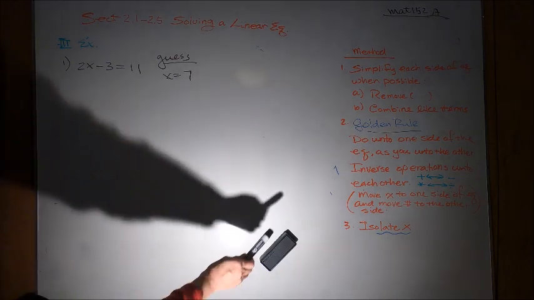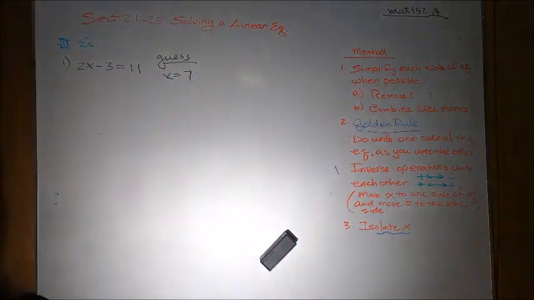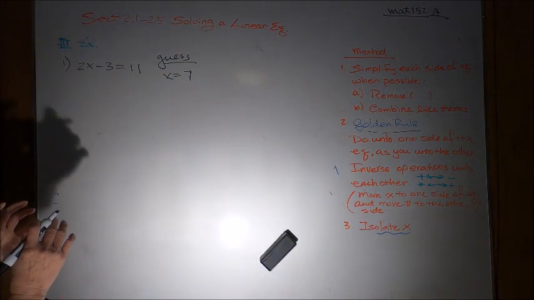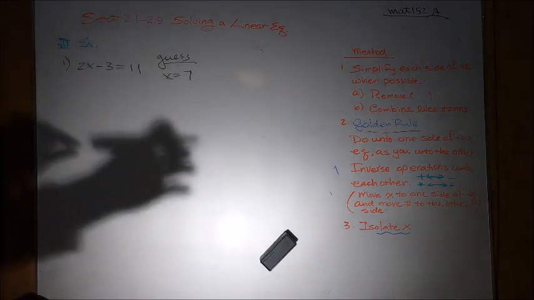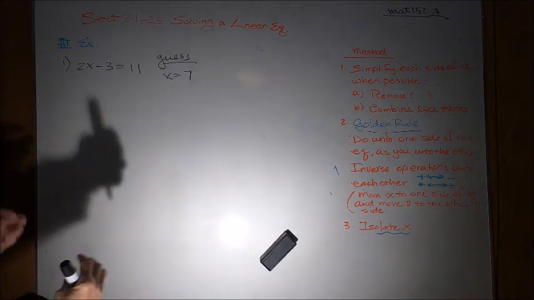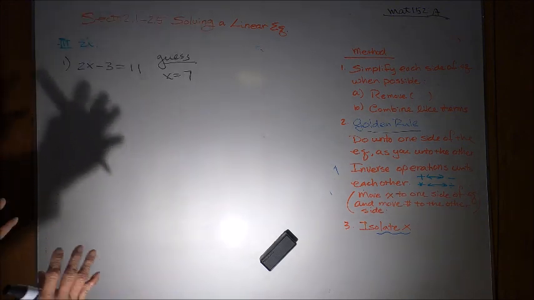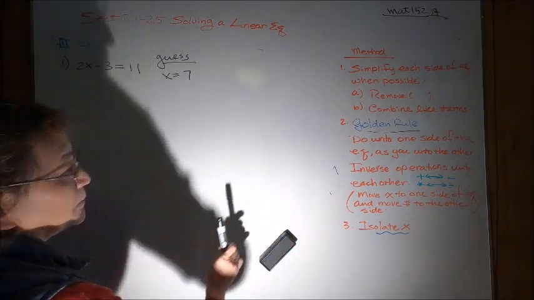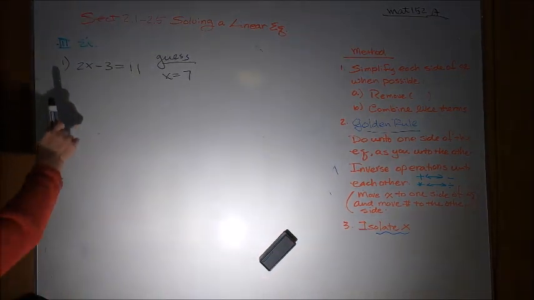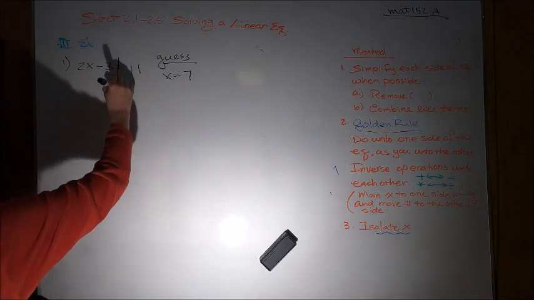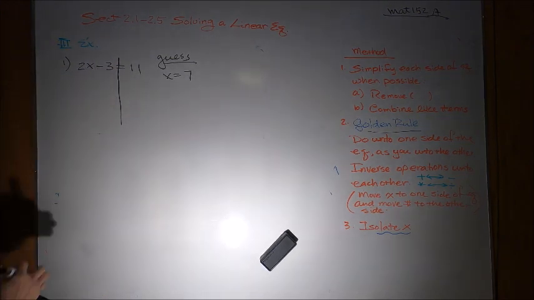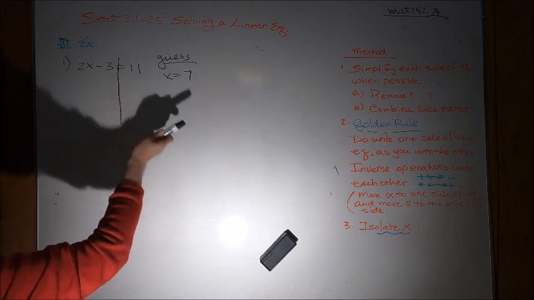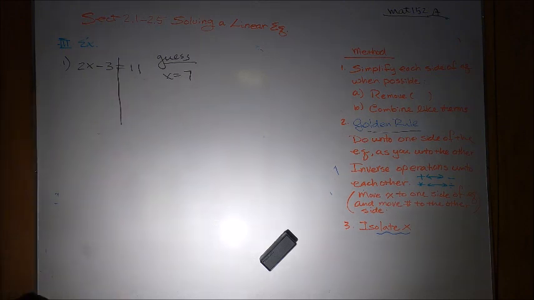So what we do is we simplify each side of the equation, get rid of all the parentheses and make each side simple. Then we do the second step, right? So you put a line in between. Both sides are as simple as you can have, right?